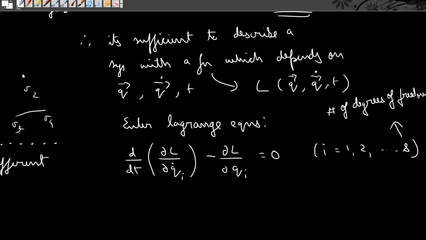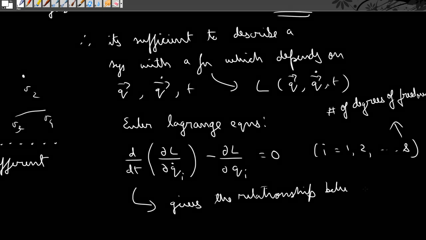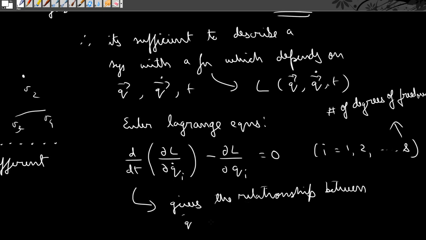Okay, so this Euler-Lagrange equation basically gives the relationship between q dot and q double dot.